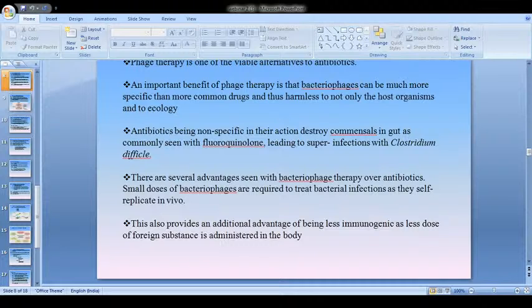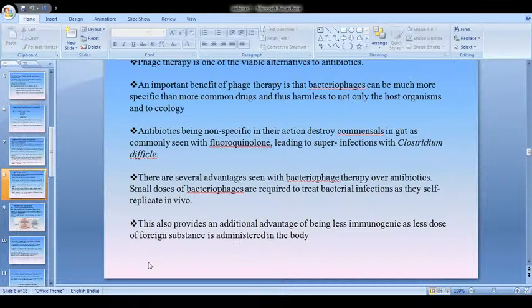So this is the main principle behind it, and also the discovery of this bacteriophage therapy. And the antibiotics, being non-specific in their actions, will destroy common cells in the gut region, commonly seen with the drug fluoroquinolone, leading to superinfection with the Clostridium difficile organism.